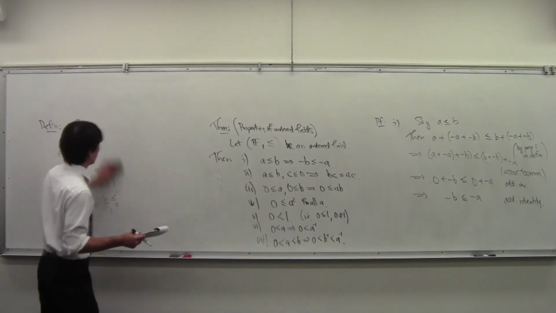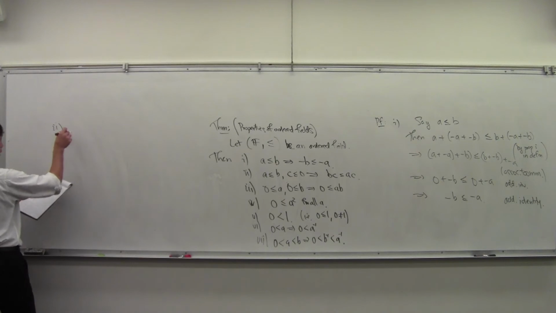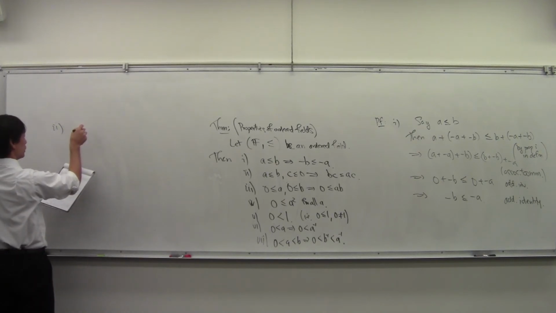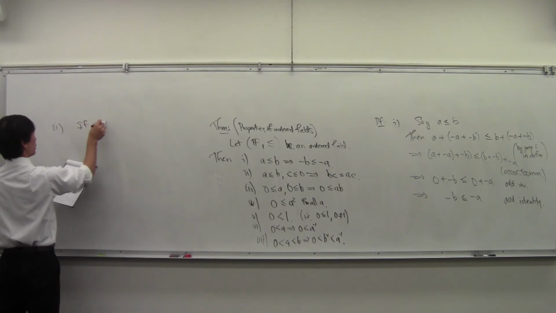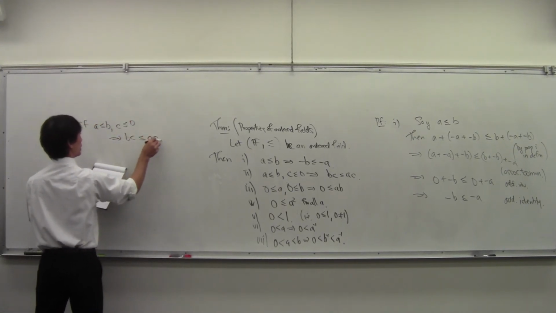Okay. Let me just put one more up. Let's do number 2, right? If A is less than or equal to B and C is less than or equal to 0, then BC is less than or equal to AC.